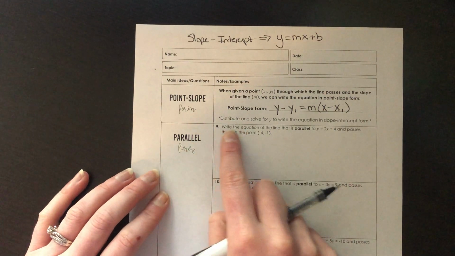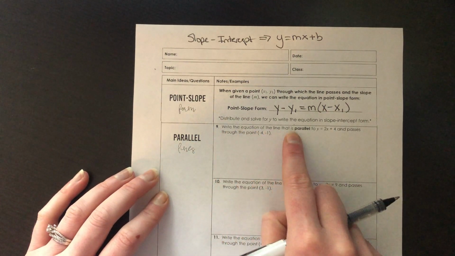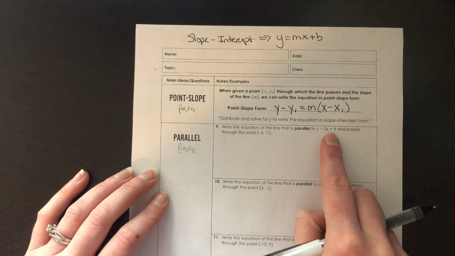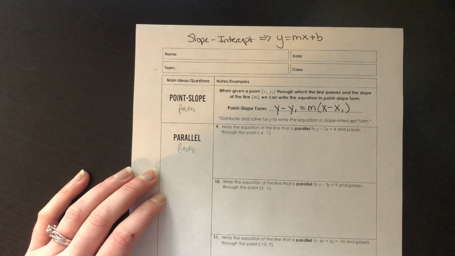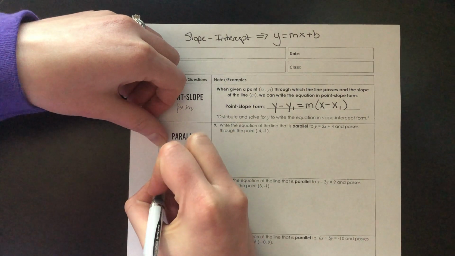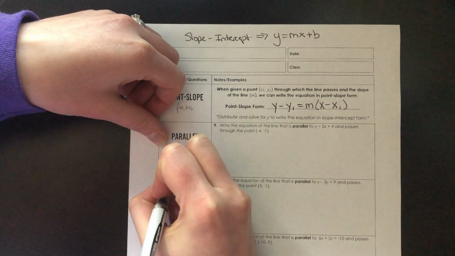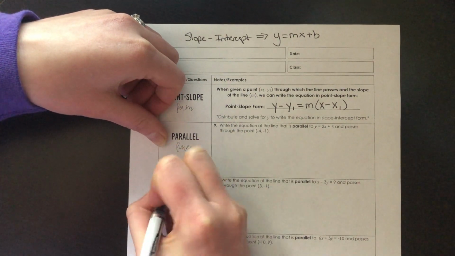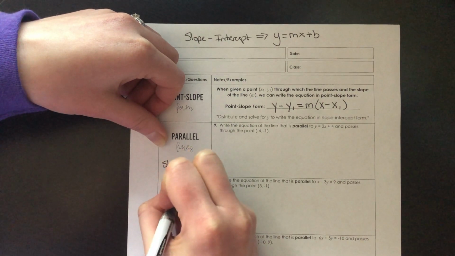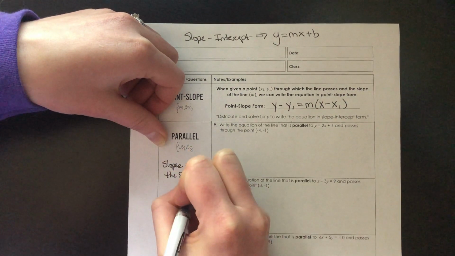So parallel lines. Write the equation of the line that is parallel to y equals 2x plus 4 and passes through the point -4, -1. Well, remember parallel lines, the slopes are the same, or you could just write same if you want.